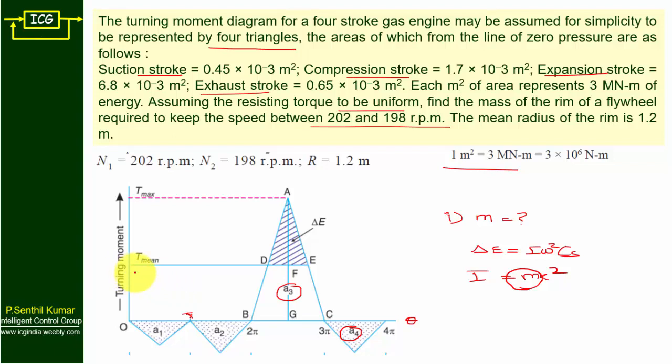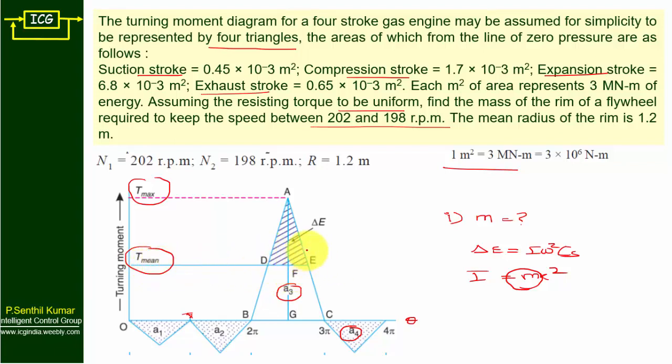That is the T mean value which we need to find out. Then the maximum value of torque is represented by the symbol T max. Here our aim is to find the change in energy, the fluctuation of energy, or the energy stored in the flywheel. The energy stored in the flywheel is nothing but the area above T mean.